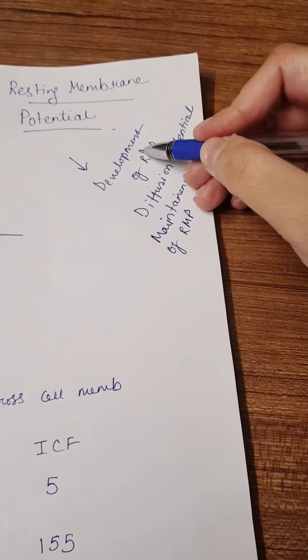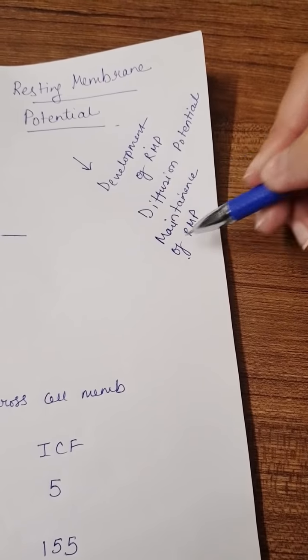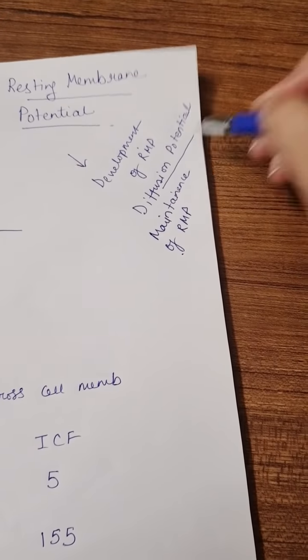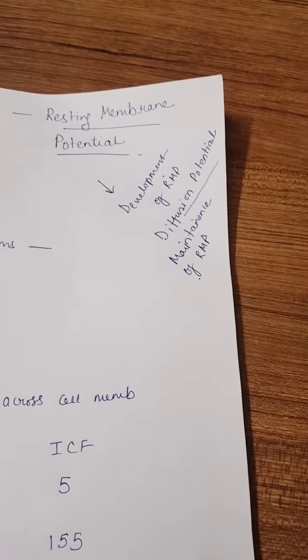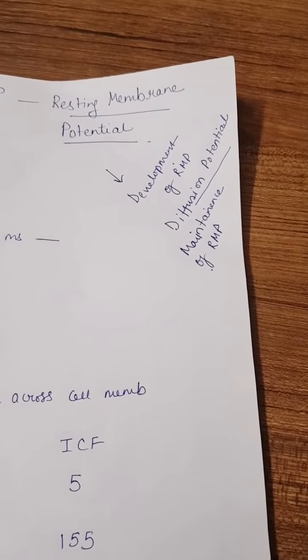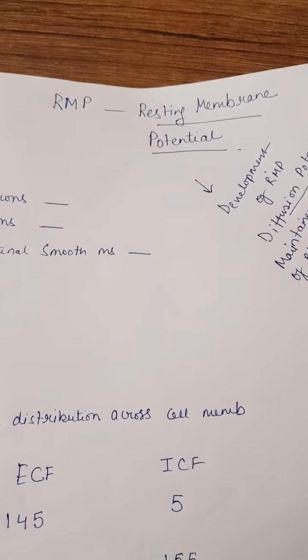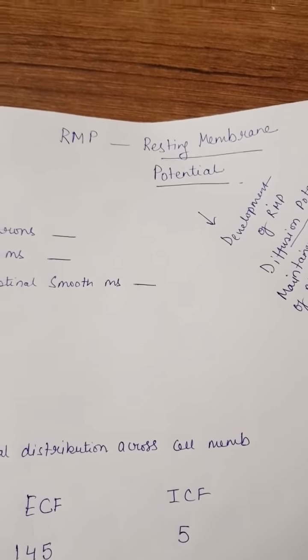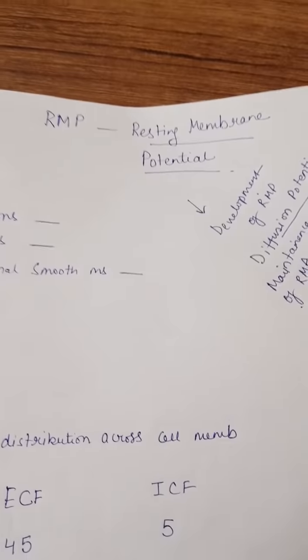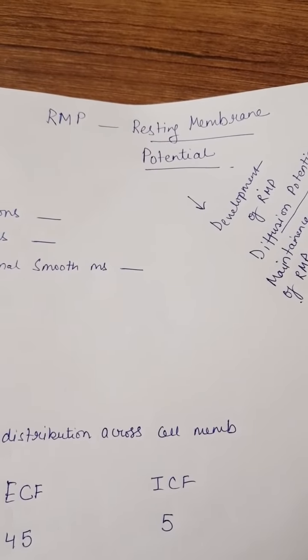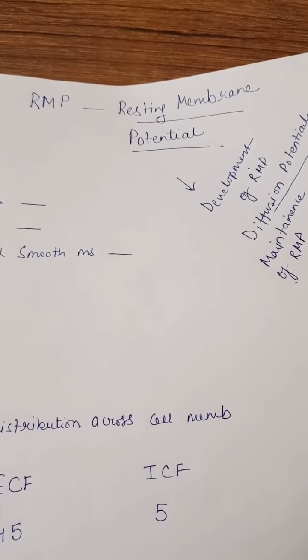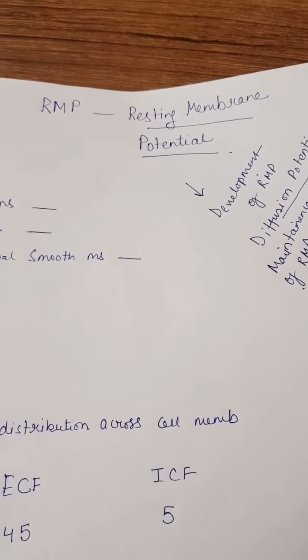How RMP develops, how it is maintained, and the diffusion potentials and the different theories of these diffusion potentials and calculations. Okay, now what was RMP? RMP was basically the potential difference between the outside and inside of a cell when the cell is at rest or the cell is quiescent.